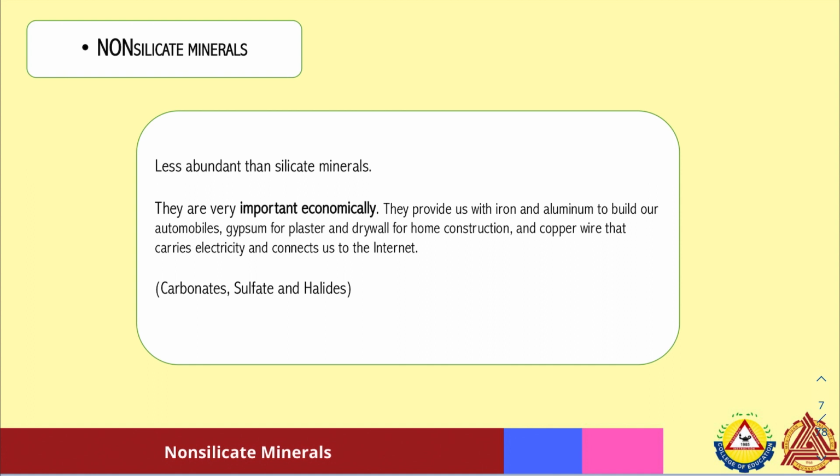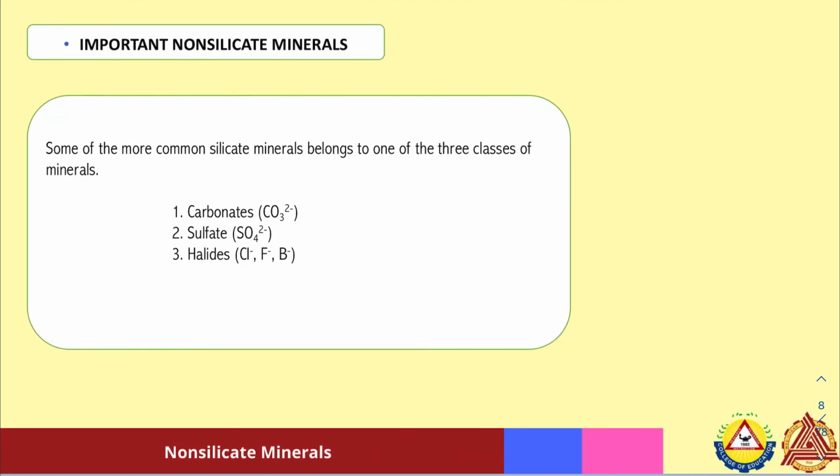Now, the non-silicate minerals that have important value can be classified into three classes. Usually they are carbonates, CO3 2 negative, sulfates, SO4 2 negative, and halides.